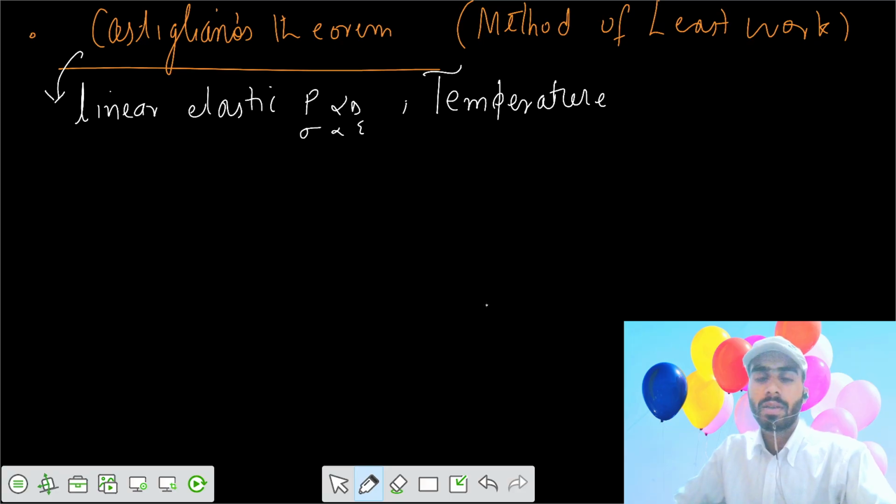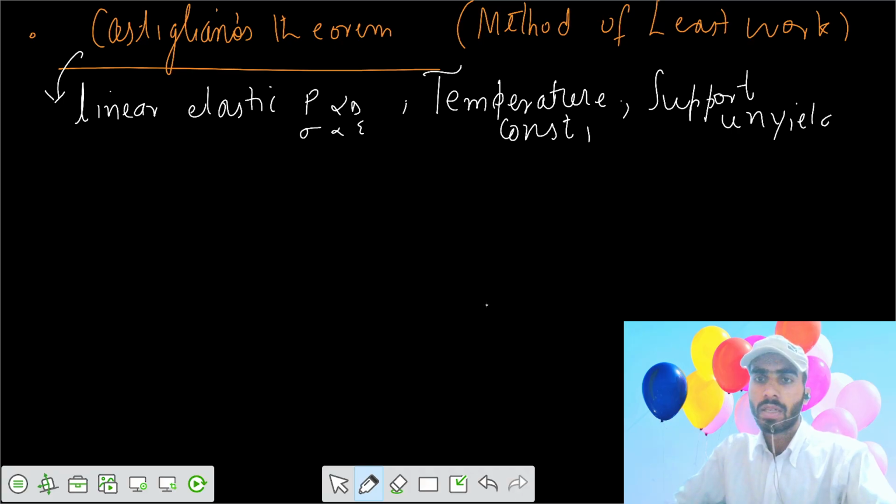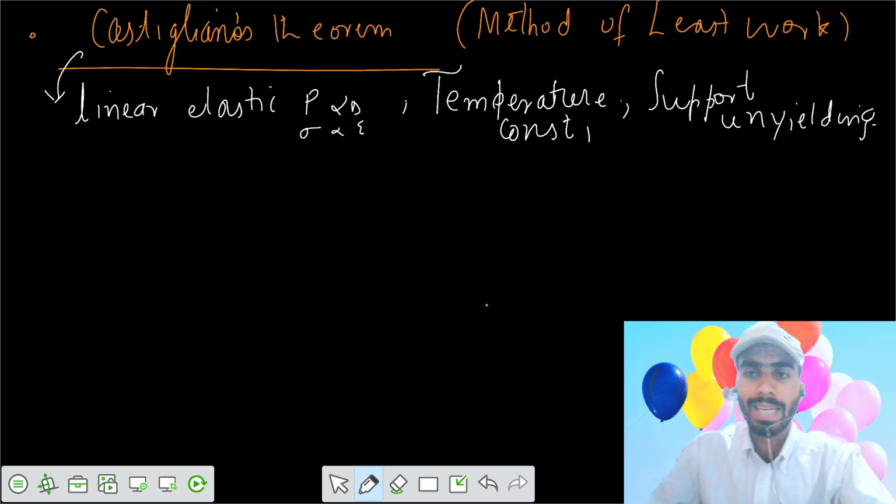And the supports should not yield, that is, the supports should be unyielding.